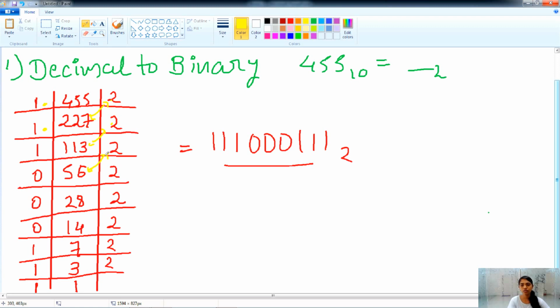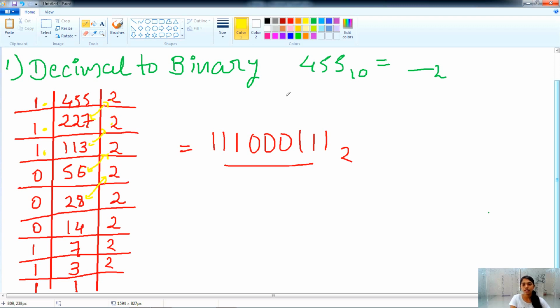Now again this 56 into 2 would give us 112. And this 2 into 28 would give us 56 with no remainder, that's why we have written this 0 here. So this whole conversion is nothing but just a simple division problem. The format of writing it down is a bit different, that's all.